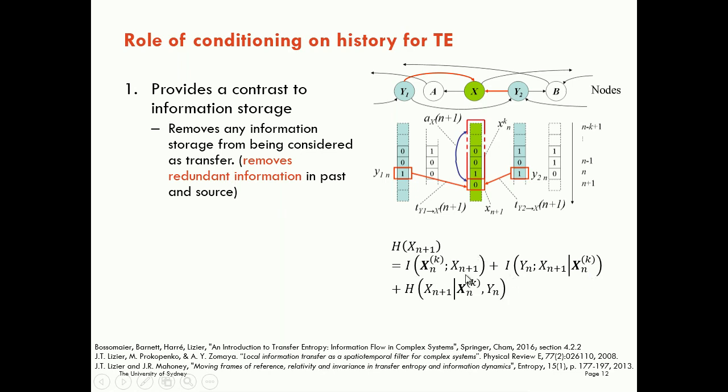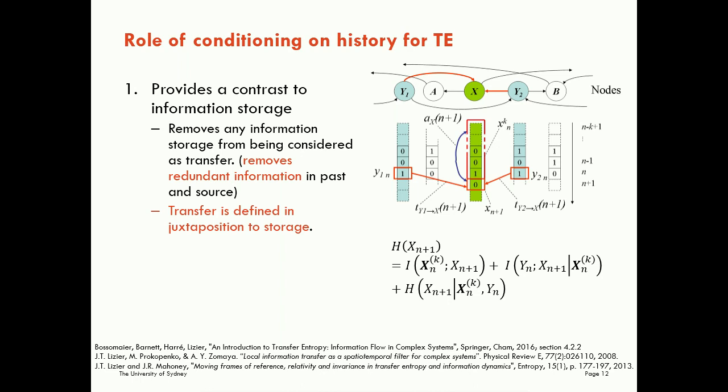Now the fact that we have active information storage plus transfer entropy here means they're complementary terms in this regression of the information in the target. Because they're complementary terms, mathematically, we are not double counting. And it's the conditioning on the target past that makes sure that we are not double counting.